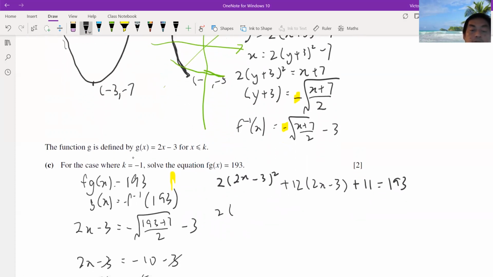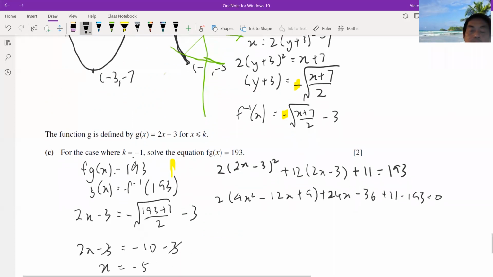So you have 4x squared minus 12x plus 9, plus 24x minus 36, plus 11 minus 193 equals 0.